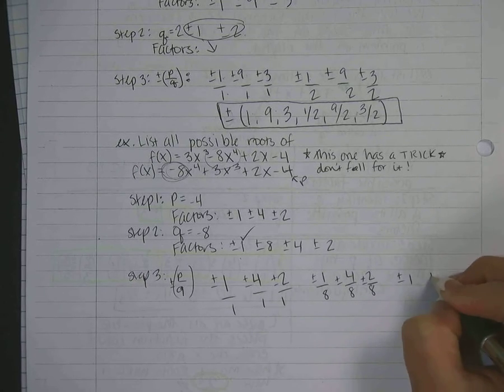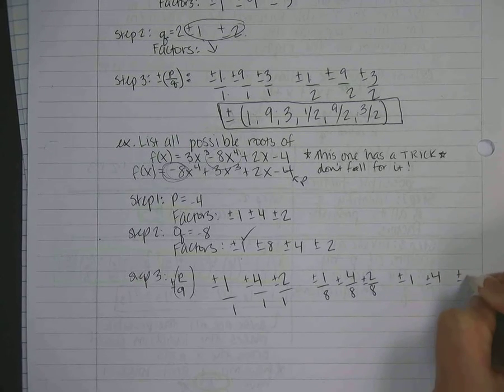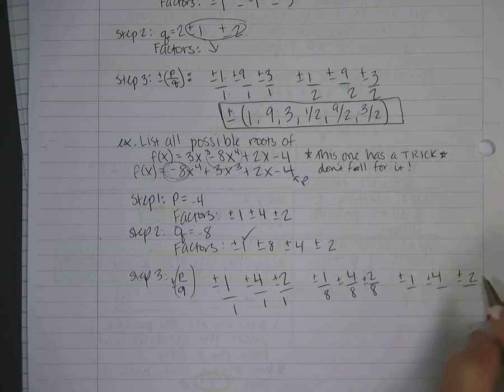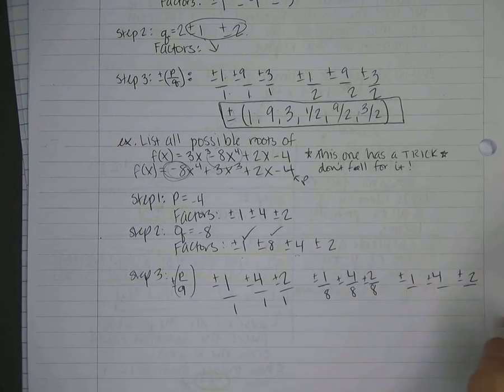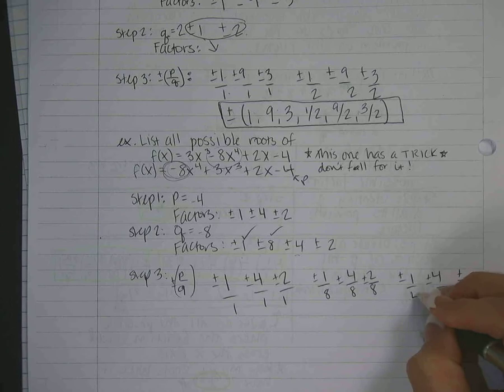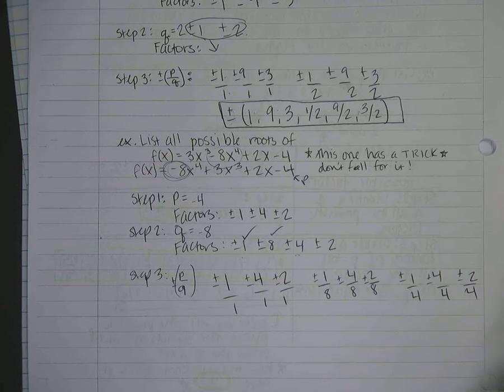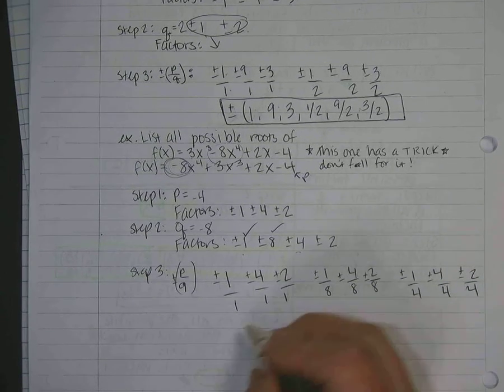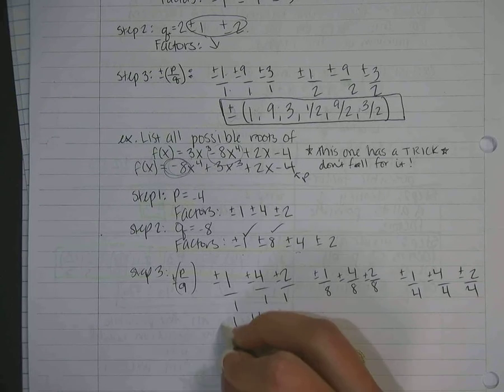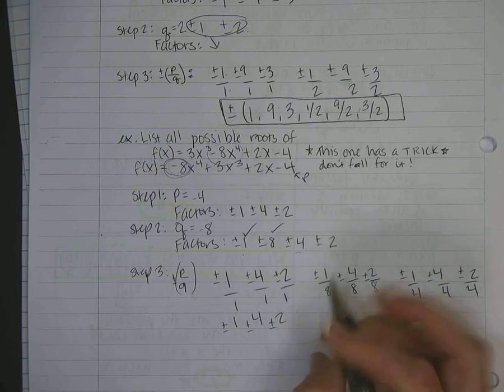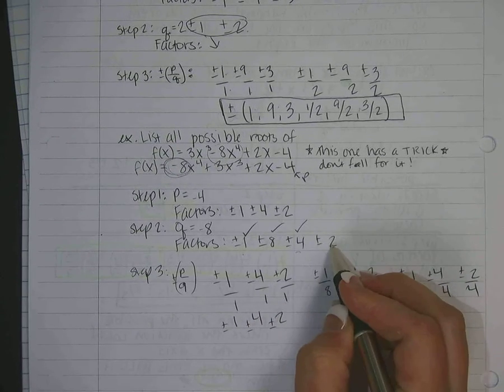Then 1, 4, 2 again, all divided by my third q, which is 4. Then I'll have 1, 4, 2 one more time, all divided by my fourth q, which is 2.